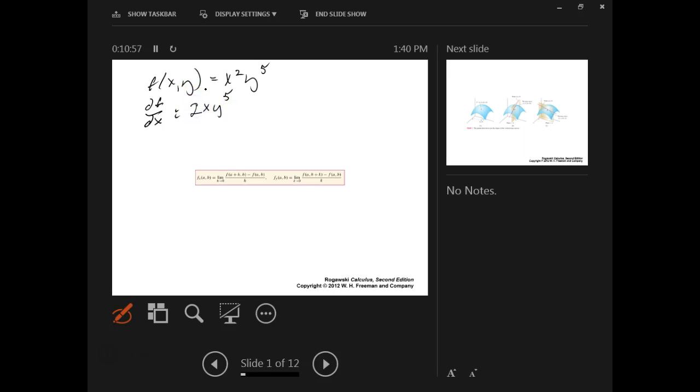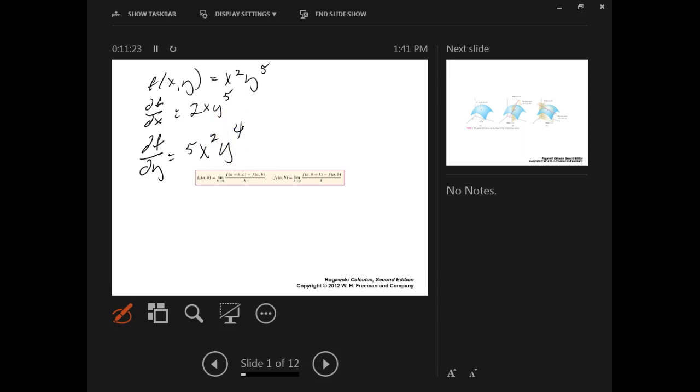Exactly. You treat the y to the 5th as if it's a constant, so the 2x is just left alone, and if x had a coefficient here, it would have been treated just like that. So what's your partial of f with respect to y? Actually, it's 5x squared y to the 4th.